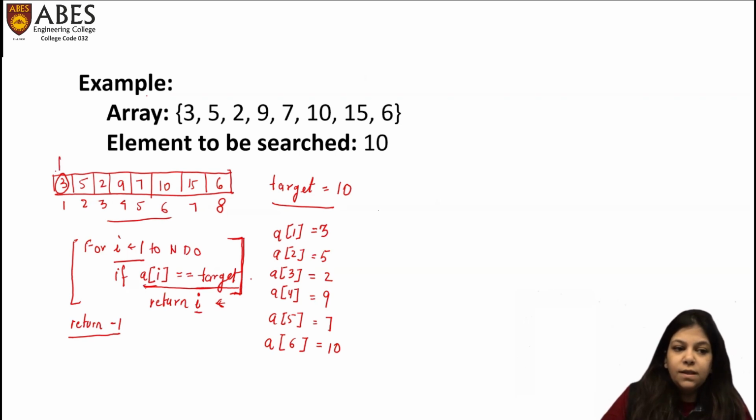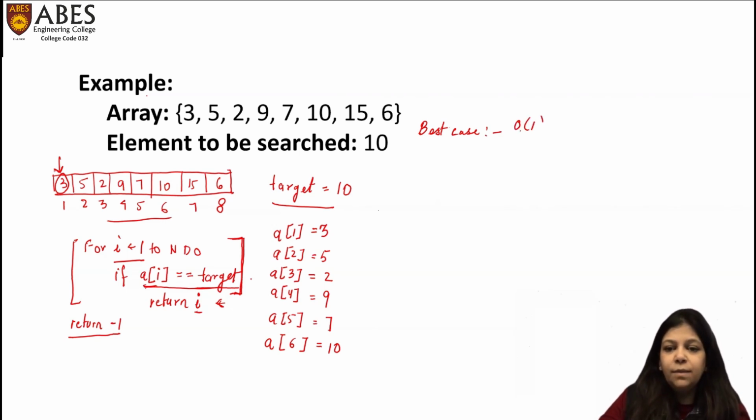The searching process will iterate only one time. So this is where we get the best case of this algorithm. The best case complexity is when the value is found at the very first block. And in this case, the complexity becomes constant, that is O(1).